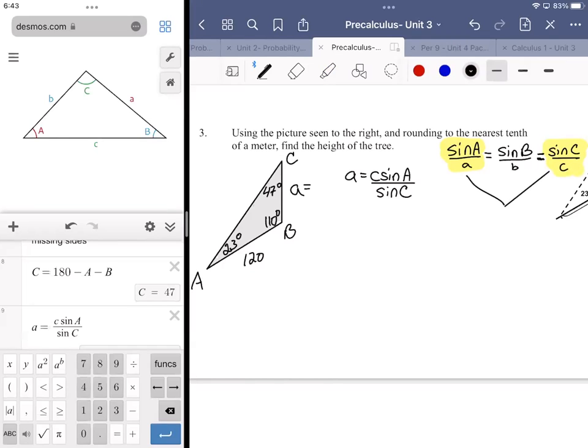In theory, you could crank it out by hand, but I have the Desmos set up to do it for you. What Desmos is doing is taking your sine A over A and setting it equal to sine of C over C, cross multiplying and solving that for the value of lowercase a.